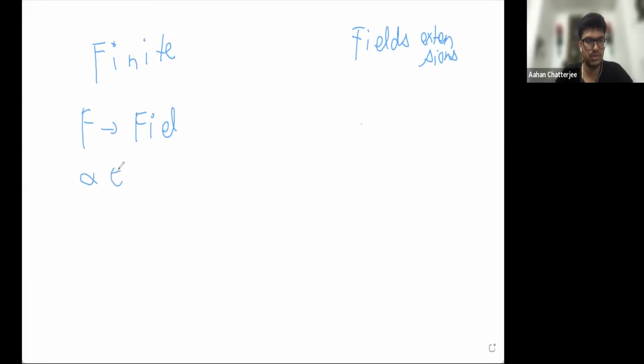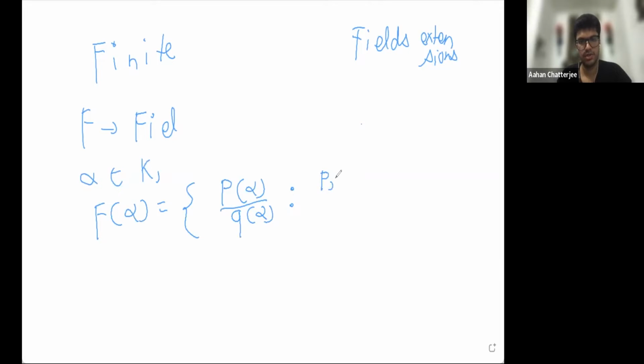Say alpha is in another field K. The way you define F(alpha) is P(alpha) upon Q(alpha), where P and Q are polynomials in F[x]. So this is F(alpha).